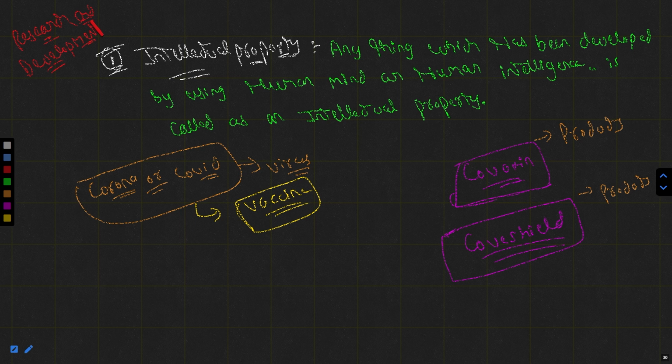The team was doing the research, and through the findings of the research they developed something, and the result is Covaxin and Covishield. If we connect this with the definition I have written here, it means anything which has been developed by using the human mind and human intelligence. When the teams of the companies were doing research and development, they were using the human mind or human intelligence. So the product which they have developed is known as intellectual property.